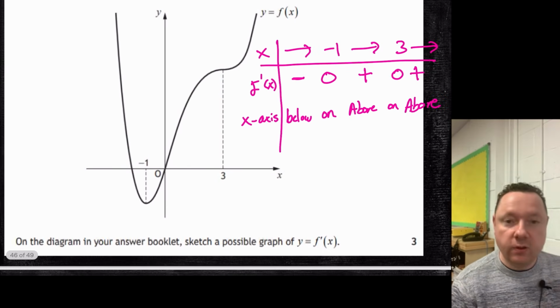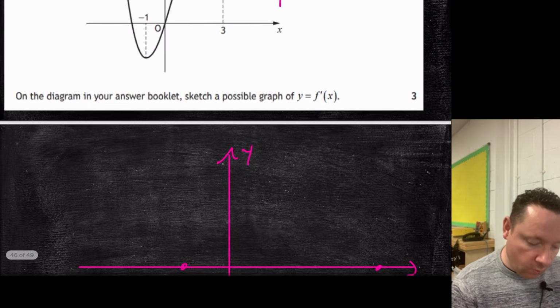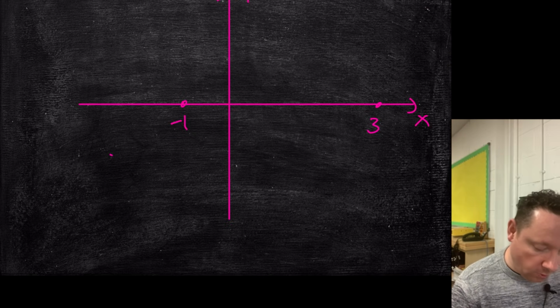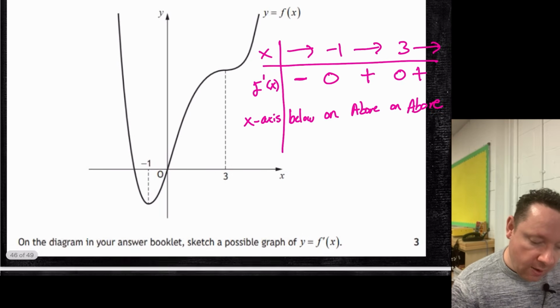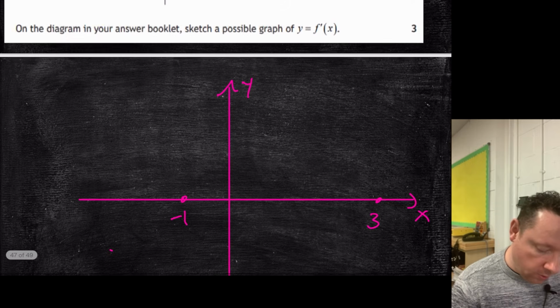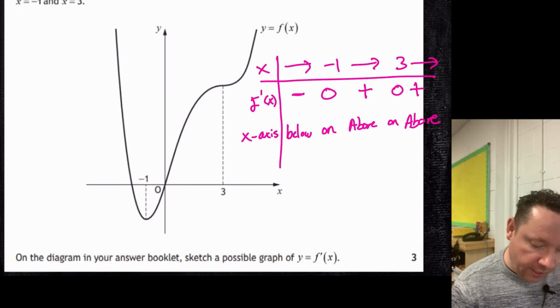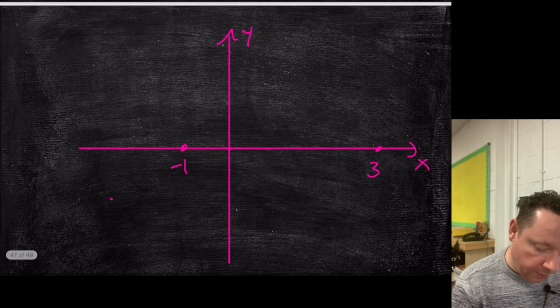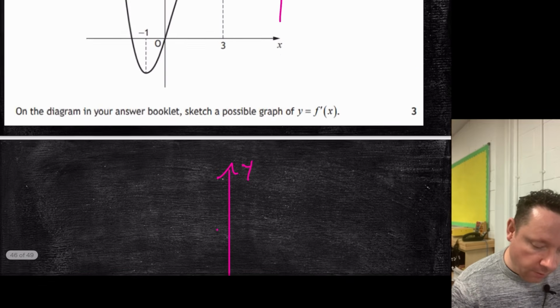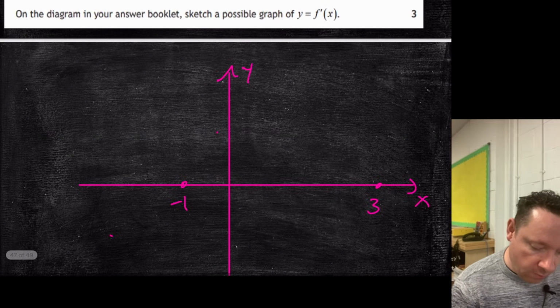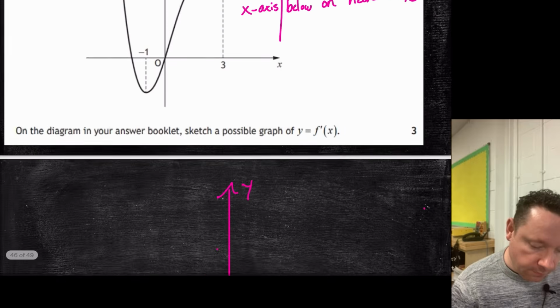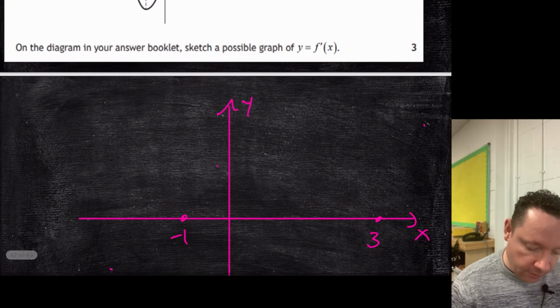And taking little notes for ourselves. Before -1 we're negative, which is below. So I'll just put a wee point for myself. At -1 we're on. Between -1 and 3 we're positive. So we're up here. But after 3 we're still positive, whereas at 3 we're on.